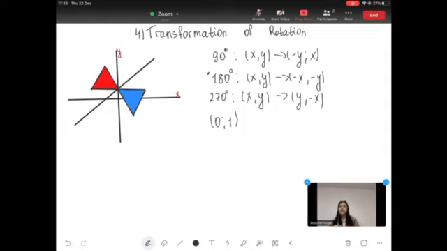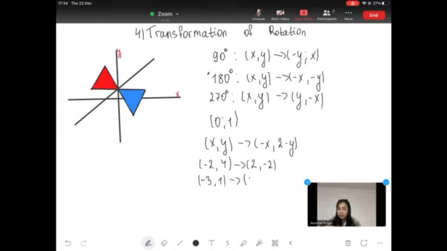The transformation that is taking place here is from x and y maps to minus x and 2 minus y, and minus 2 and 4 maps to 2 and minus 2. So minus 3 and 1 maps to 3 and 1, and 0 and 1 maps to 0 and 1.